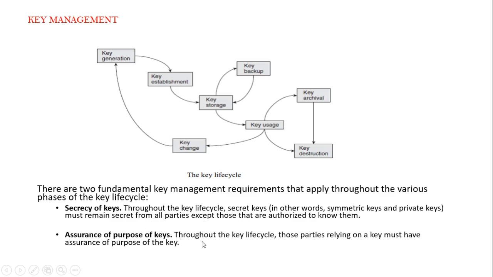Assurance of purpose of keys: throughout the life cycle, those parties relying on a key must have assurance of the purpose of the key. These two factors are very important. We need to keep keys secret. Then, if anyone wants to use a key, he or she should provide the assurance of purpose of the key.